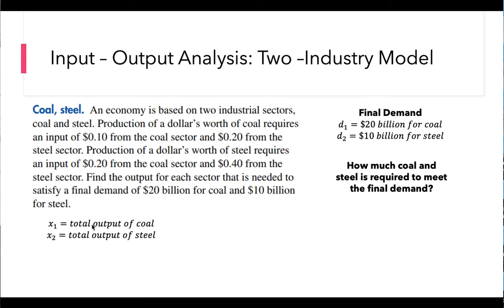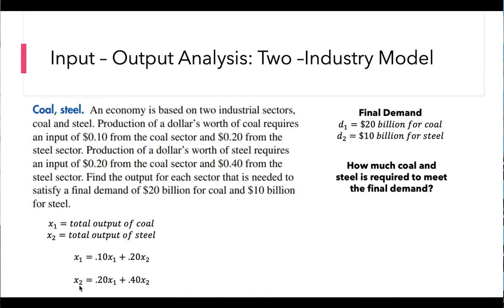Well, we're going to use the variable x1 to represent the total output of coal and x2 to represent the total output of steel. So from that, I've created two equations. $1 worth of an output of coal requires 10 cents from coal and 20 cents from steel.